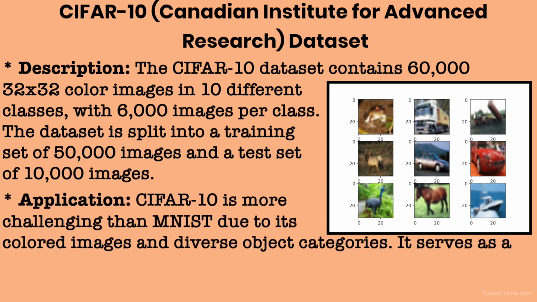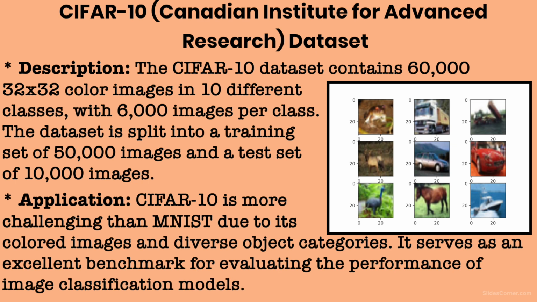What are its applications? It is more challenging than MNIST due to its colored images and diverse object categories. It serves as an excellent benchmark for evaluating the performance of image classification models.